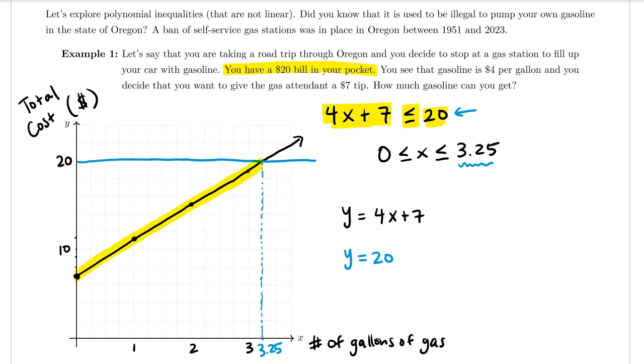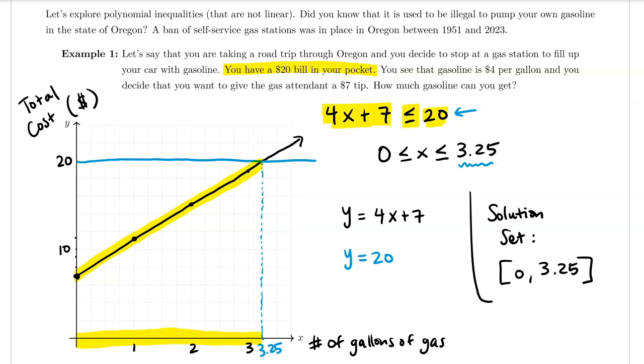And so the x values where my graph falls below the horizontal line 20 is between 0 all the way up to 3.25. And so again, that's why our solution set for this example is the interval from 0 to 3.25, inclusive of our endpoints.